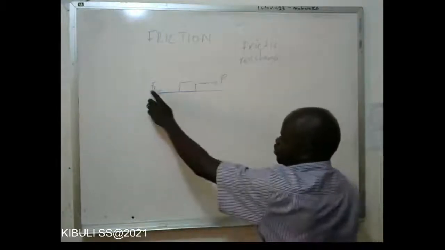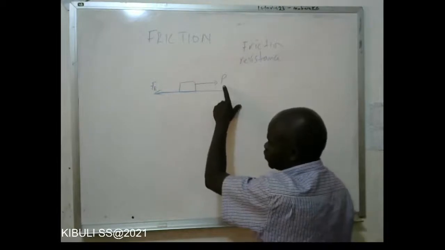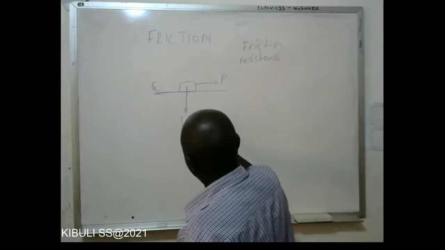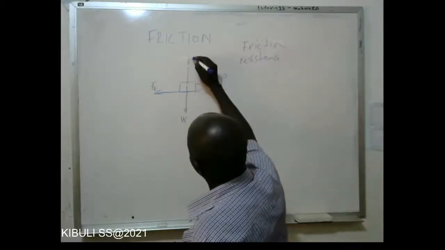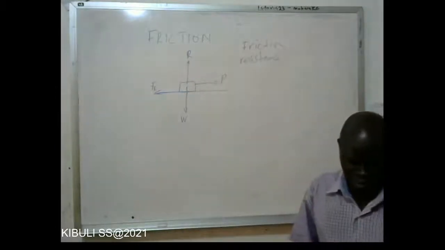So this is the frictional force. This is the applied force. The weight of the body will act vertically downwards, call it W, and then the normal reaction will act vertically upwards, call it R. Okay?